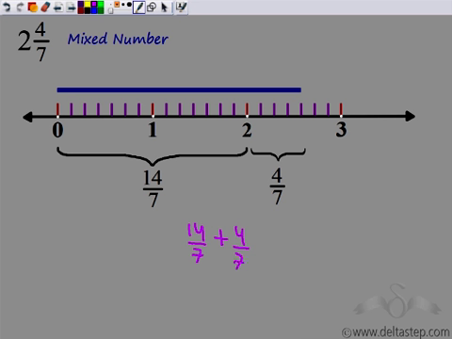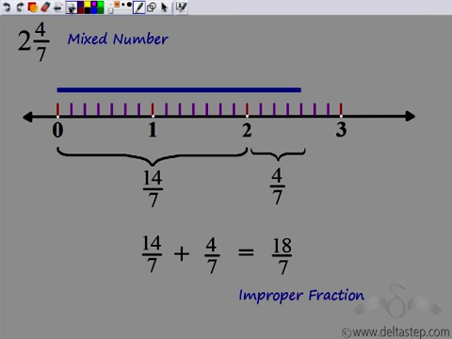So this blue length is equal to 14 by 7 plus 4 by 7, which, since the denominators are the same, is 18 by 7, which is an improper fraction. So 18 by 7, we are back to the improper fraction from the mixed number.